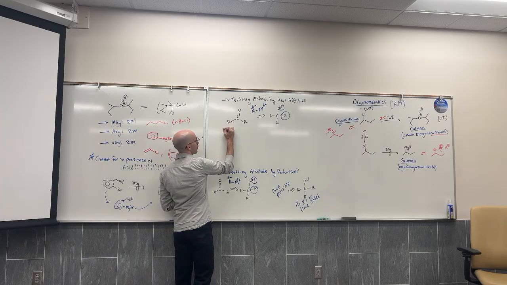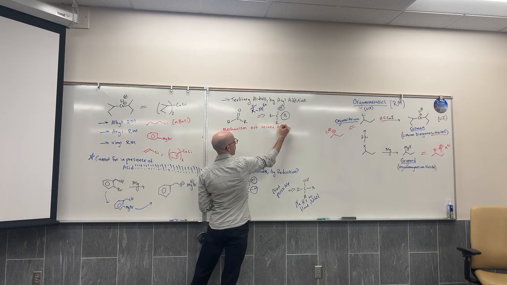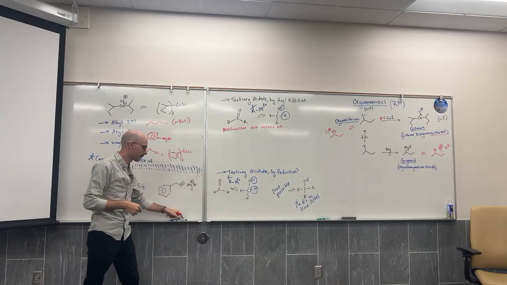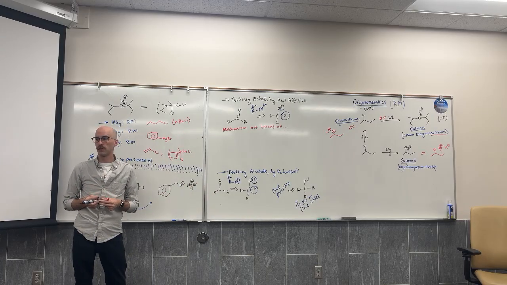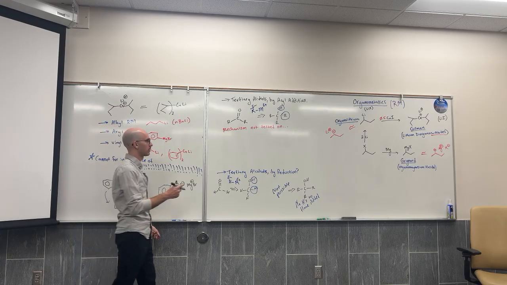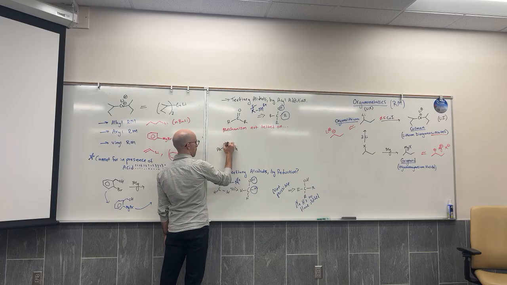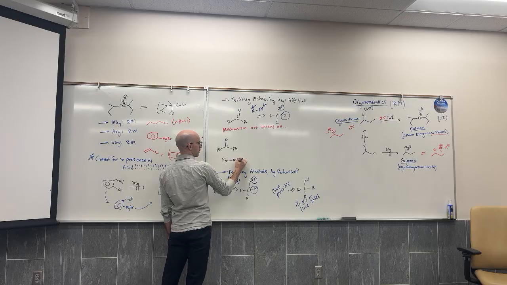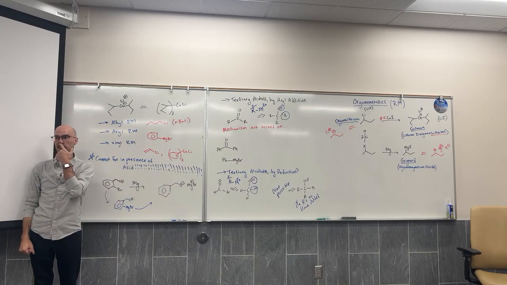Here's how I'll wrap us up today. Once again, not a mechanism I'm going to test you on, but a mechanism I have found students crave understanding to make sure that they know how to apply these reactions. And let's look at the mechanism that you guys would be doing for lab this week and last week.